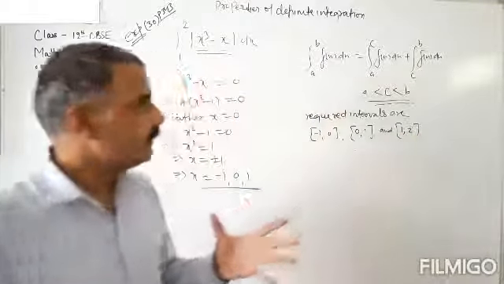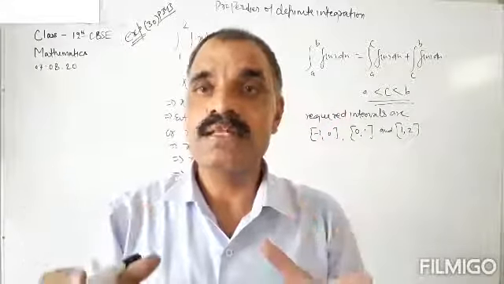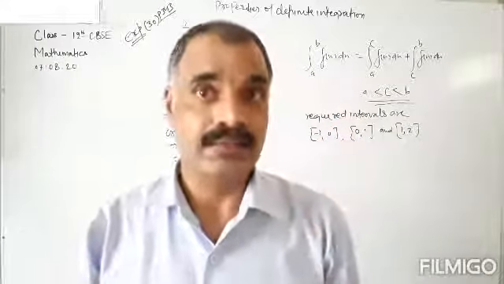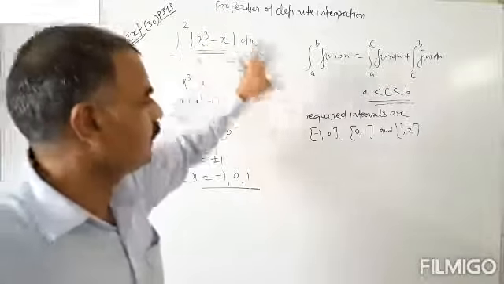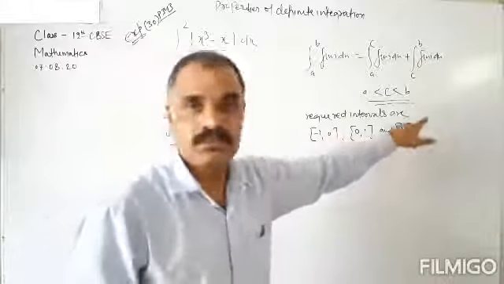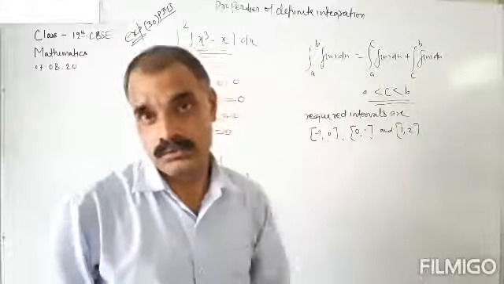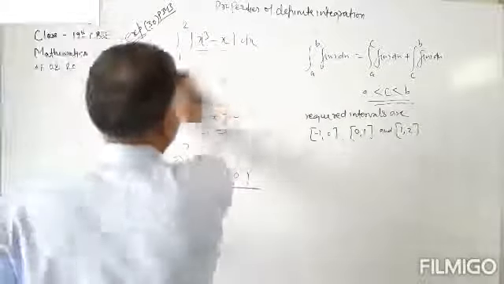So there will be three intervals, or we can say that there are three integrations. The given integration will change into three integrations, that is minus 1 to 0, 0 to 1 and 1 to 2.